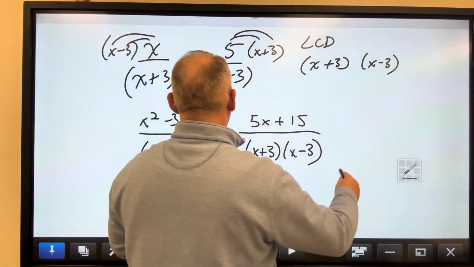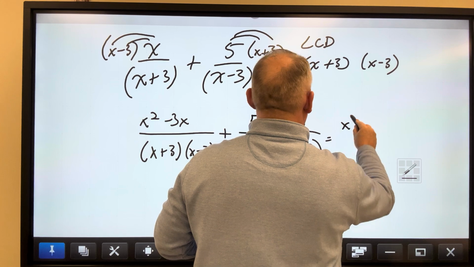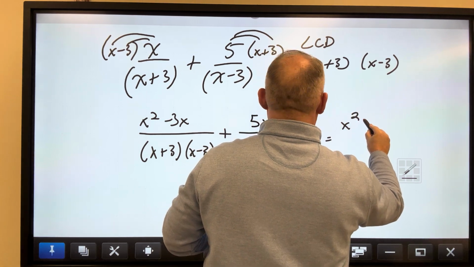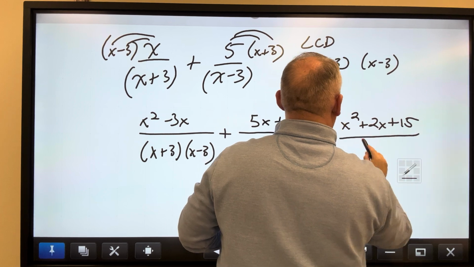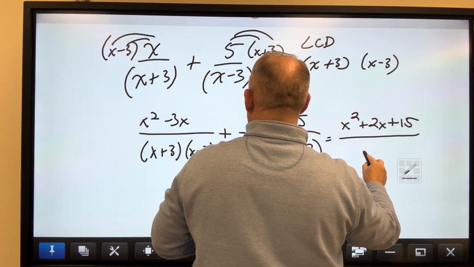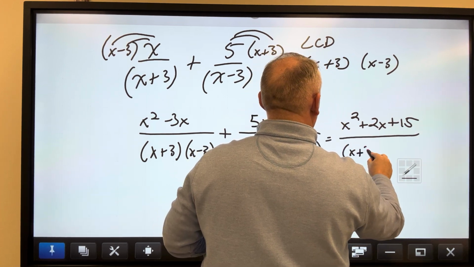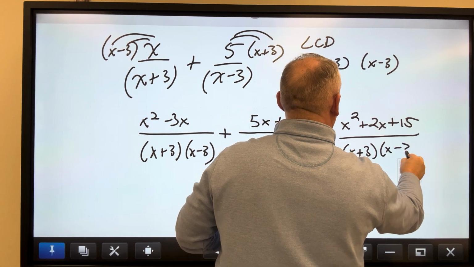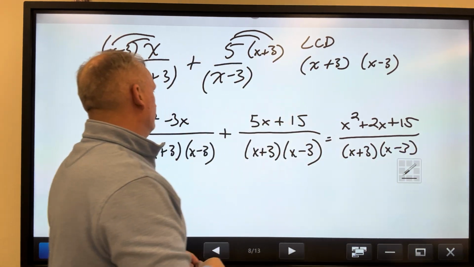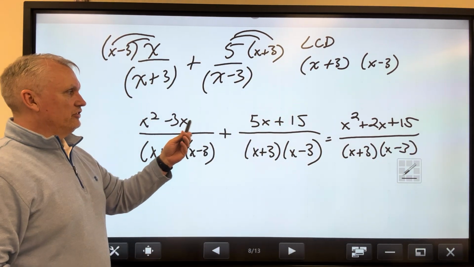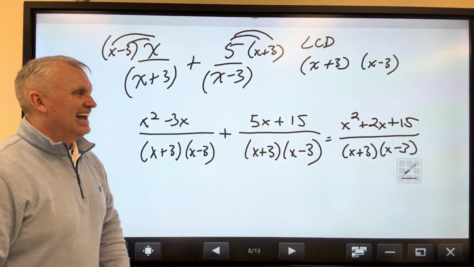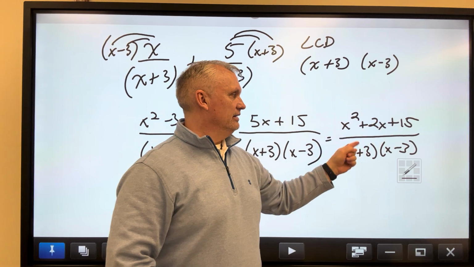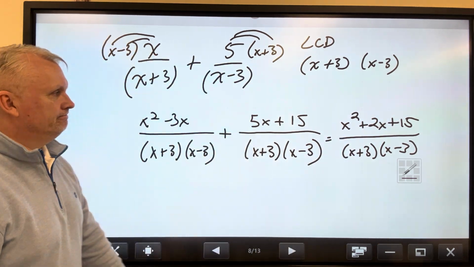So I have x squared plus 2x plus 15 all over x plus 3, x minus 3. Because what I did is I said minus 3x plus 5x, which was plus 2x. I cannot factor that. This is the final answer.